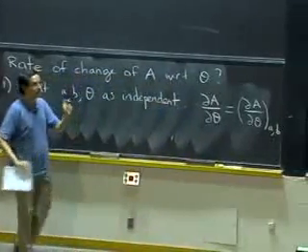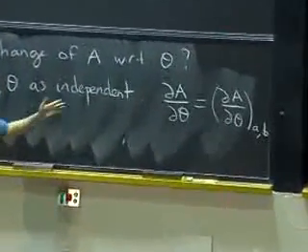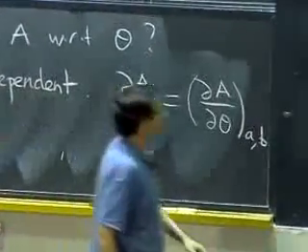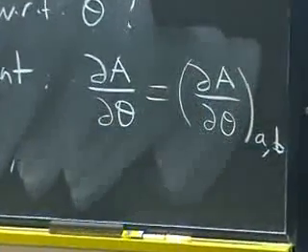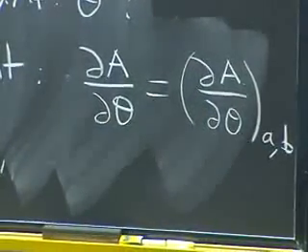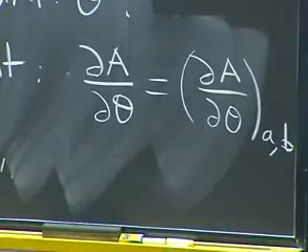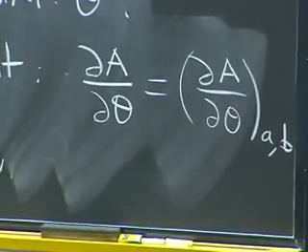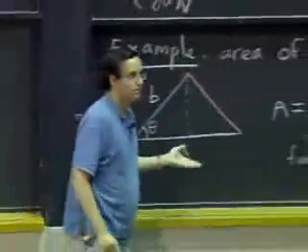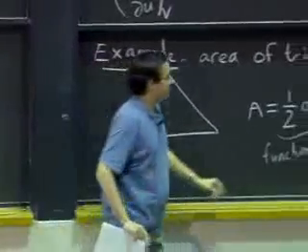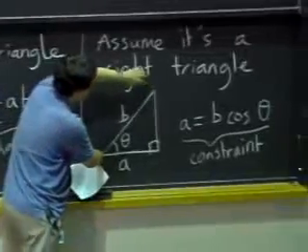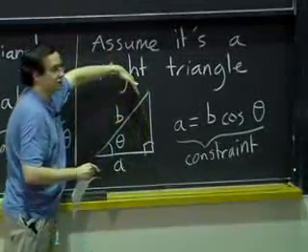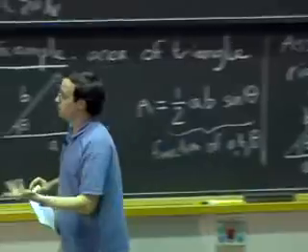Of course, if we are keeping A and B fixed and we are changing theta, it means we completely ignore this property of being a right triangle. So in fact, it corresponds to changing the area by changing the angle, keeping this length fixed. And of course, we lose the right angle. When we rotate this side here, the angle doesn't stay a right angle.